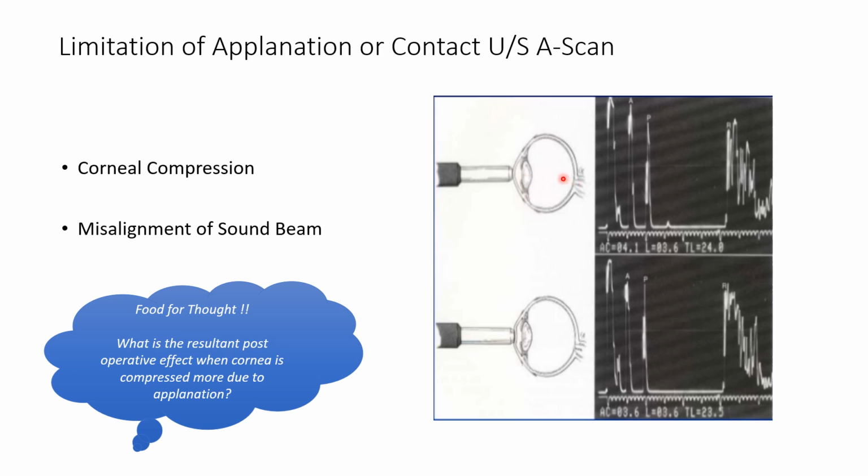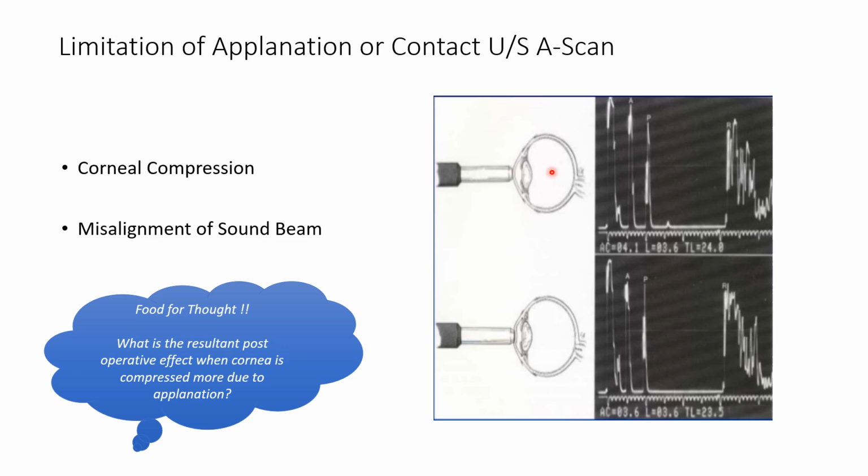Say, for example, the patient's true axial length is 23 millimeters, but you may get a lower axial length. Can you tell, if you get an axial length which is lower than what it actually is, what kind of error the patient is going to suffer from? Post-operative refractive surprise. What kind of post-operative refractive surprise is it going to be?